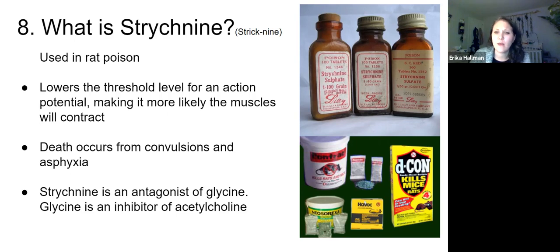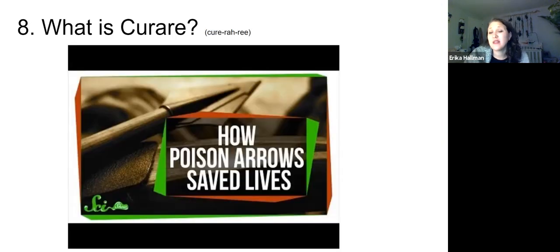If you had AP Bio and you remember action potentials and this idea of threshold, basically it means that all the muscles in the rat will be more likely to contract, and that rat will seize up and then die because of convulsions and asphyxia, which means they can't breathe. Strychnine is going to affect humans the same way.